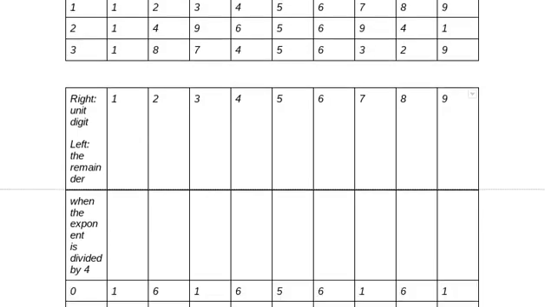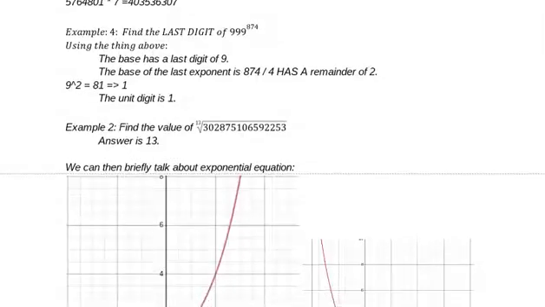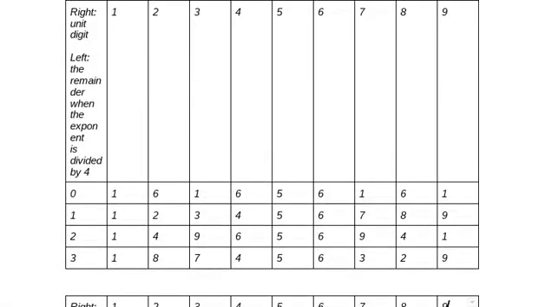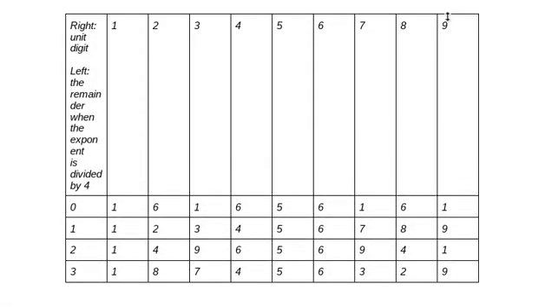So therefore 999 to the power of 874 has a unit digit of 1. Due to that, 9 is here, 2 is here, so 9 squared is 81, which ends in 1.